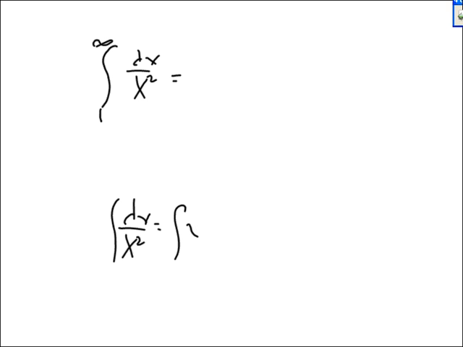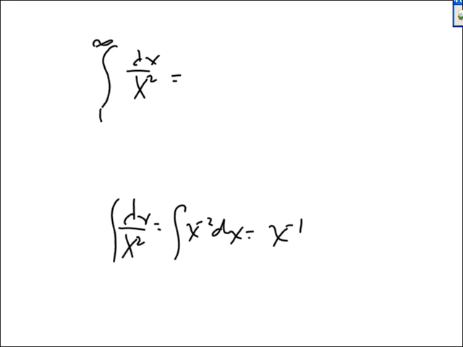Now, here's an improper integral. Suppose you want to integrate 1 over x squared dx from 1 to infinity. Well, that's the integral of x to the negative 2 dx.